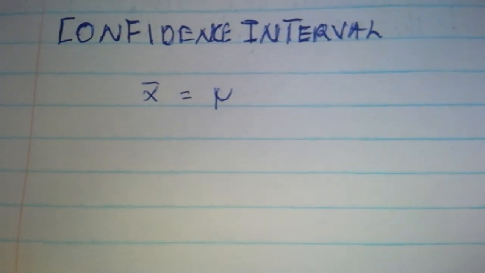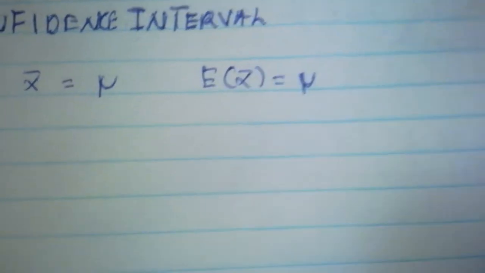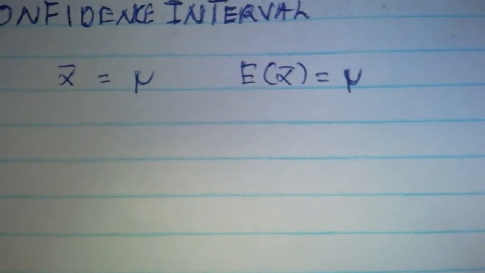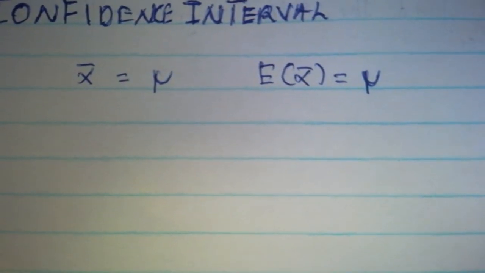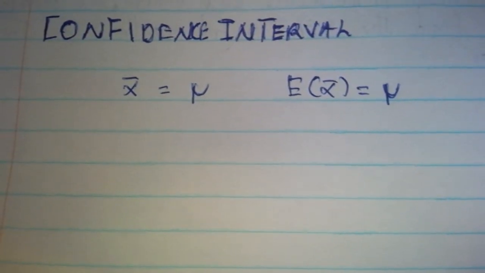Now, why do we use x bar? Why is x bar a good estimator of mu? Remember that the expectation of x bar will give us mu, and as a result we can say it's unbiased. It's an unbiased estimator of the population parameter mu.